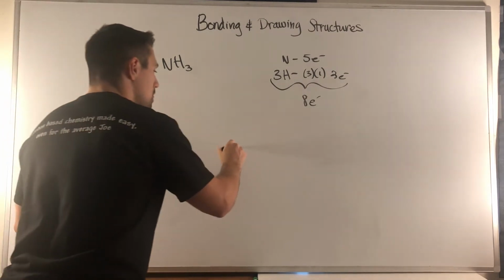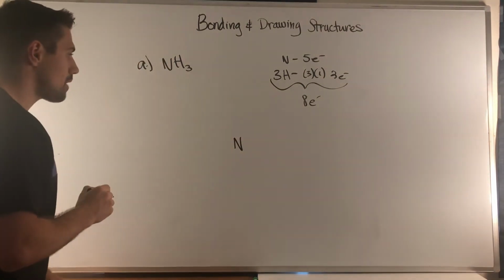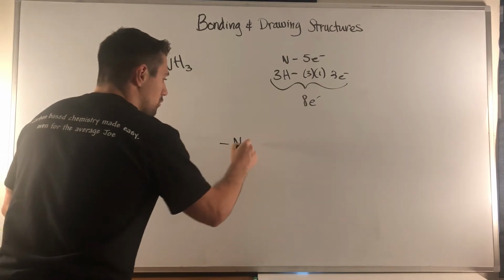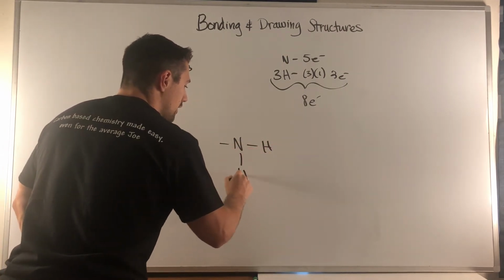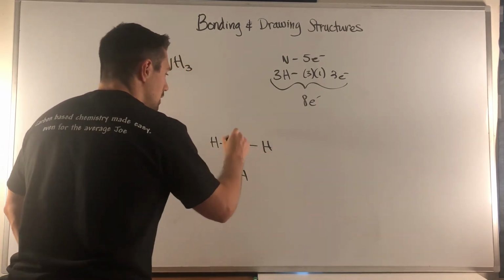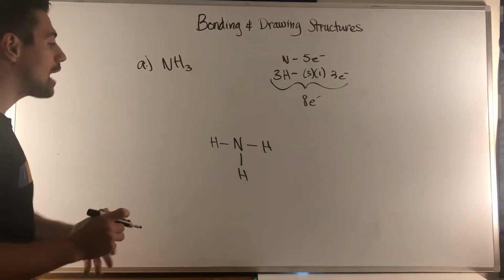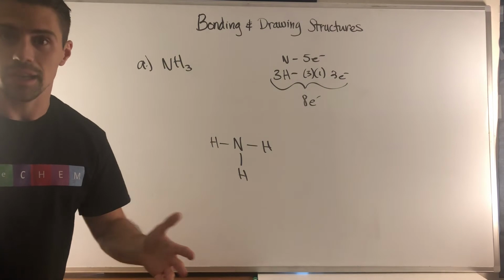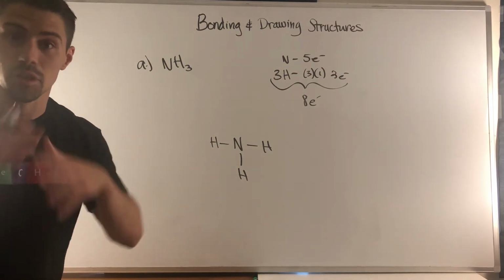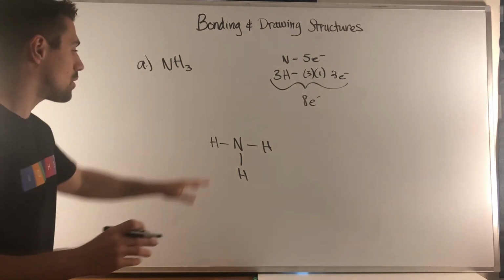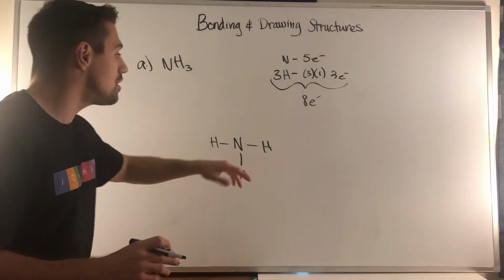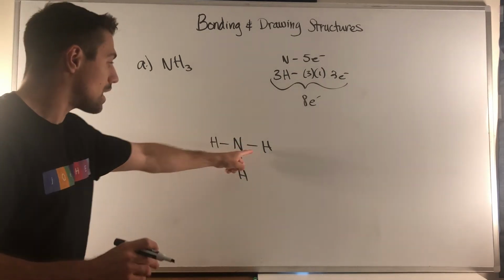So what we'll do is remember, if we're doing this the foolproof way, we'll give everyone a full octet. So you can see we have 3 hydrogens. We know hydrogen likes 2 electrons, right? It only has that one s shell. It only fits 2. So hydrogen's good, hydrogen's good, hydrogen's good, and we've used 2, 4, and 6.